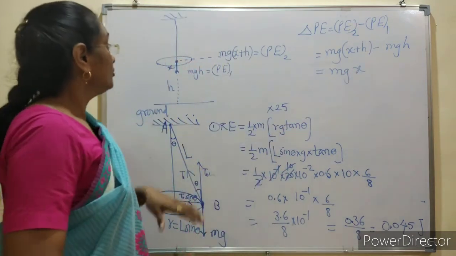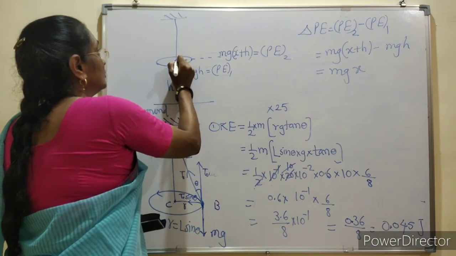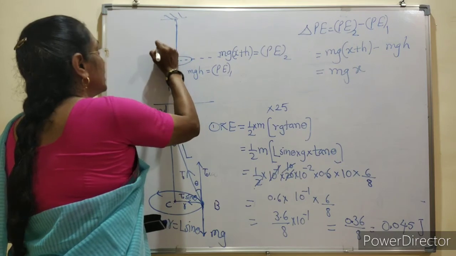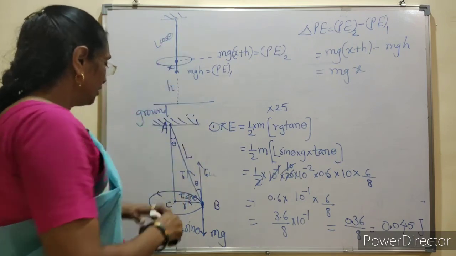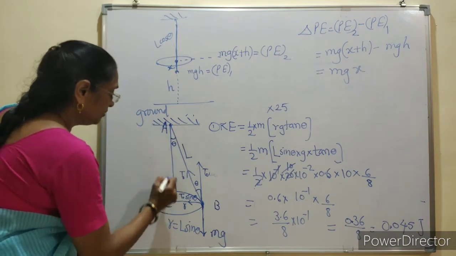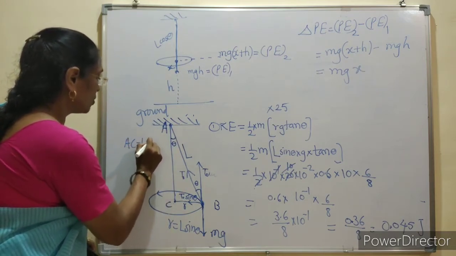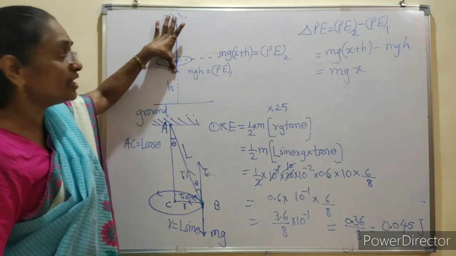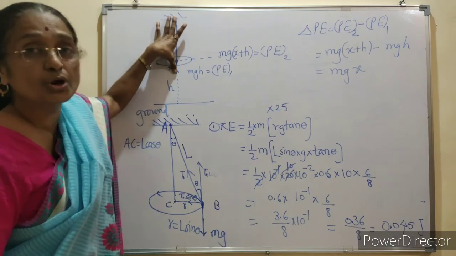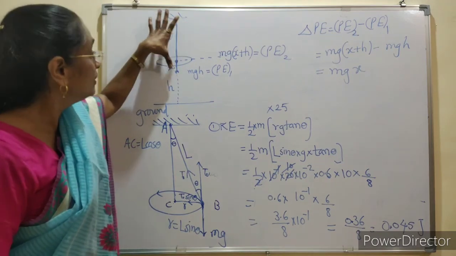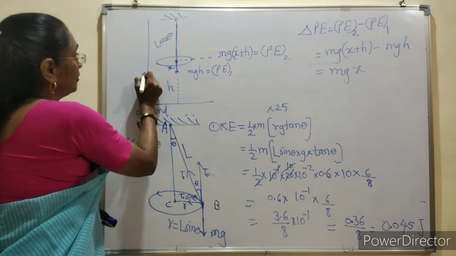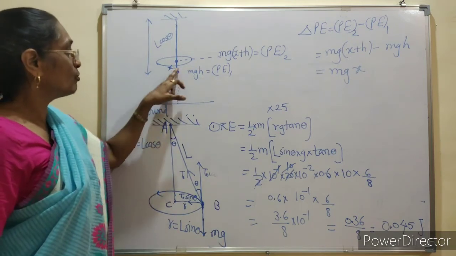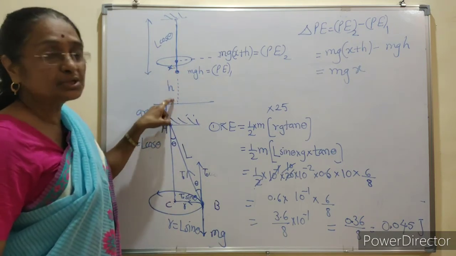Here x can be shown by this distance. In our derivation, this AC we have shown as L cos theta. And the original length of the pendulum, if it is not revolved, means the point mass or bob is at a position h from the ground.